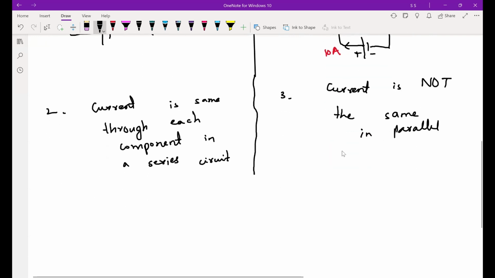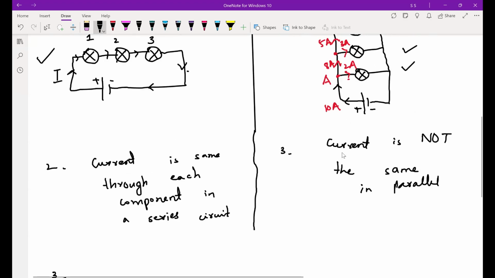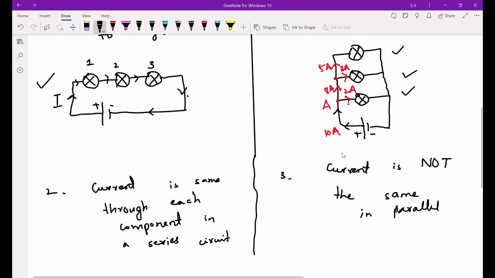The next point about series and parallel circuits is that for voltage it is the opposite. Voltage is the energy given to a charge to make it flow through a circuit. So when this current goes here, there would be some voltage given to the charges to move through this lamp, which would be V1.